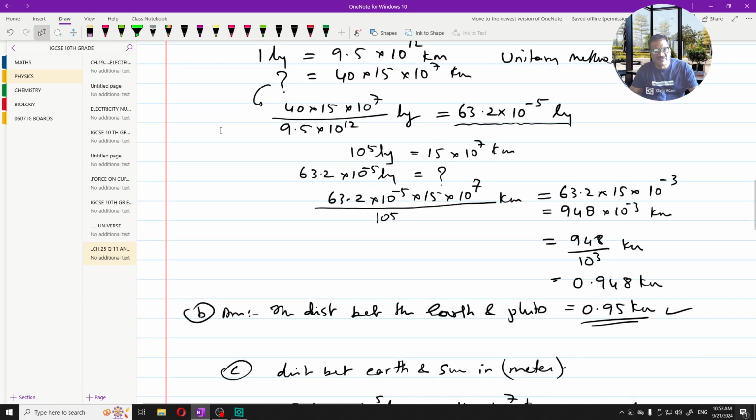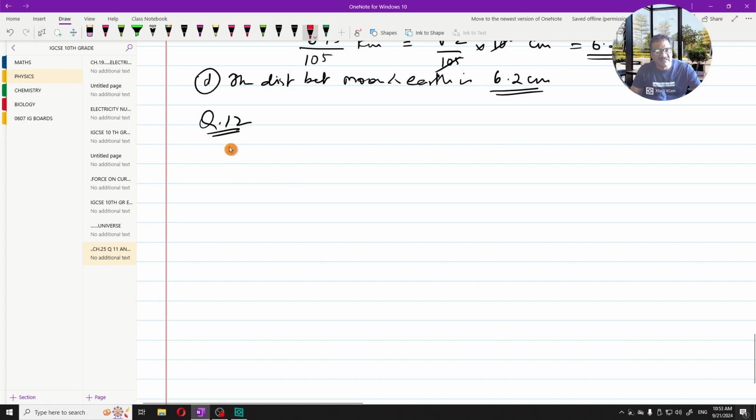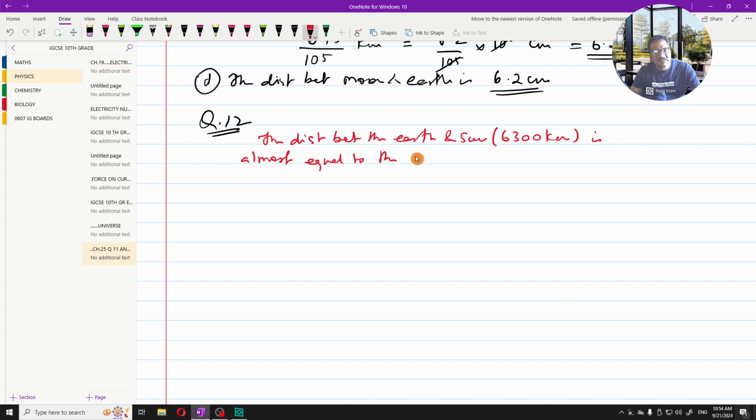So my answer for question 12 will be the comparison. I'll start with A. The distance between the earth and the sun, which we got as 6300 kilometers, is almost equal to the radius of the earth.